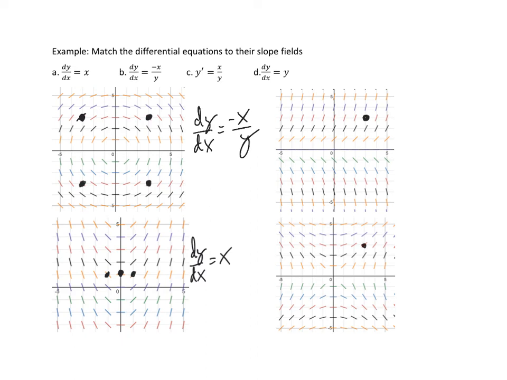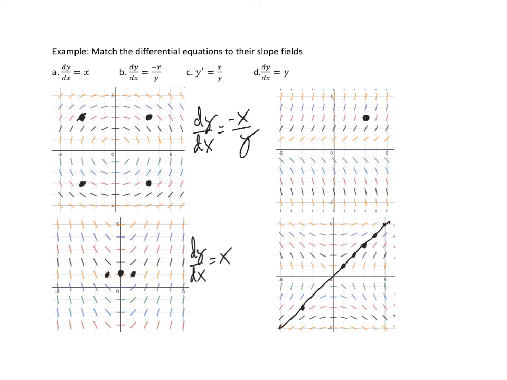However, if I come down here and pick 3 over 3, that's a possibility. That looks like about 1. If I notice all those other points along that line, 5 over 5 should be a slope of 1. If I picked a point down here, negative 3 over negative 3 would be a slope of 1.